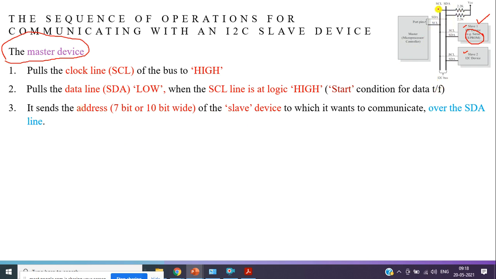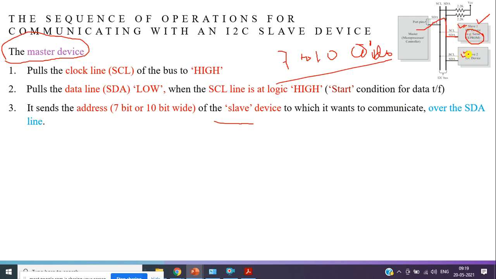Similarly, once this is ready for data transfer, the master sends the address to the slave over the SDA channel. This starts sending an 8 bit address, or usually 7 to 10 bit. The address may be 7 to 10 bits wide; that is the maximum capacity of your I2C bus, which can transfer the address from 7 bit to 10 bit to the slave device with which it wants to communicate.